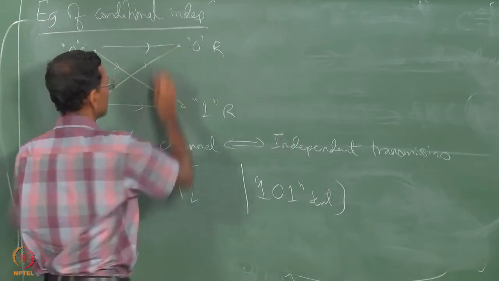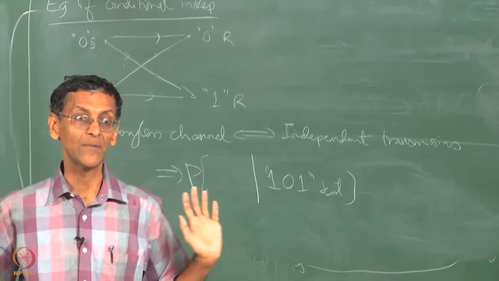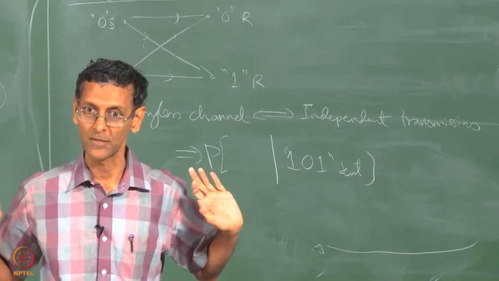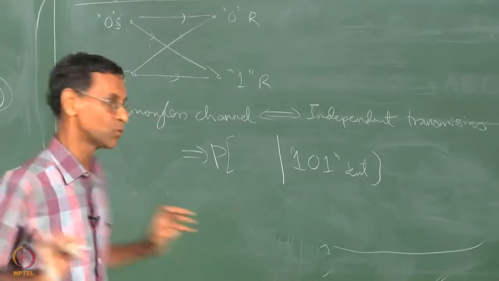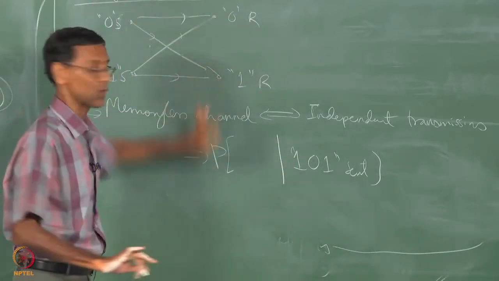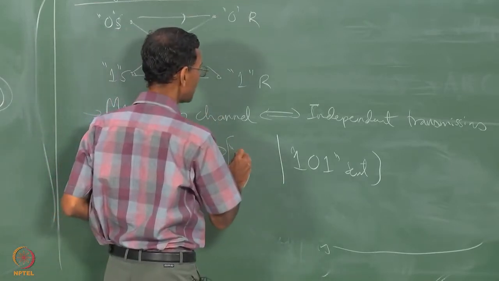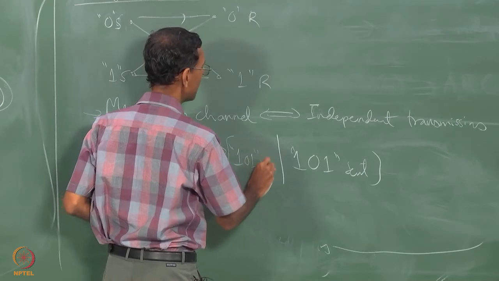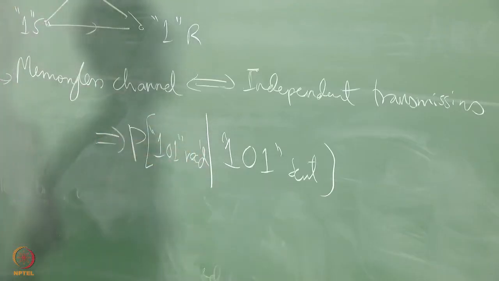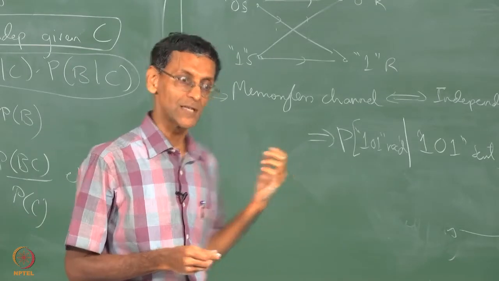In our discussion we can only take measurements and we can't change our decision rule; everything is fixed. You know that you can send a 0 and receive a 0 or receive a 1 also. So this is the probability of 101 received given that 101 is sent. Here you are freezing the input sequence. So how does conditional independence come into the picture now?